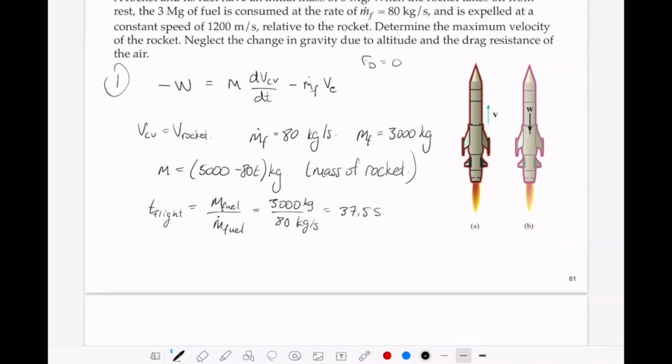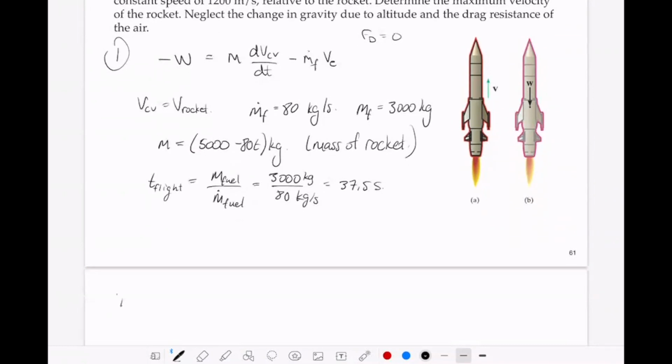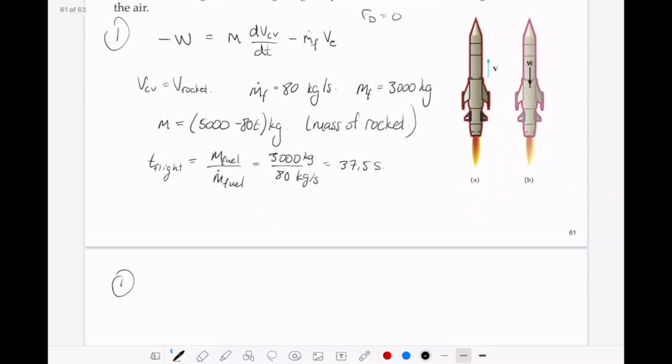So this is equation 1. Let's go back to equation 1 again. We can rearrange this. Let's write our derivative of velocity over the control volume is equal to our weight due to gravity, which is m times g, plus our mass burn rate of fuel times the exhaust velocity.